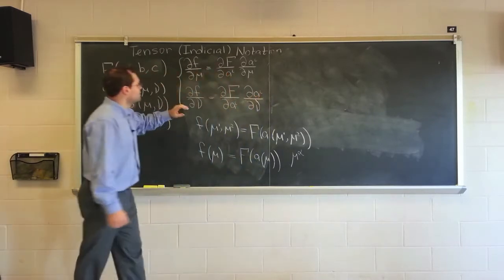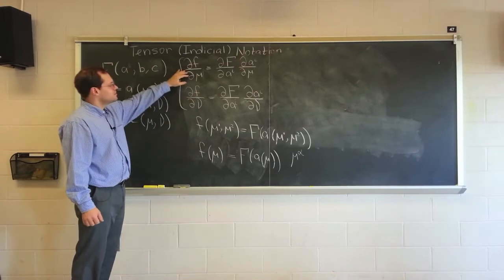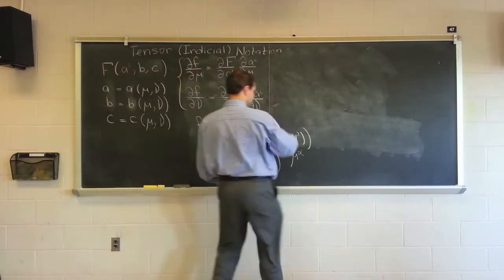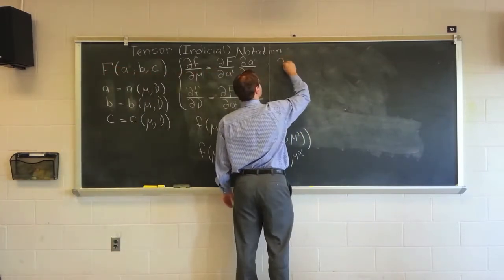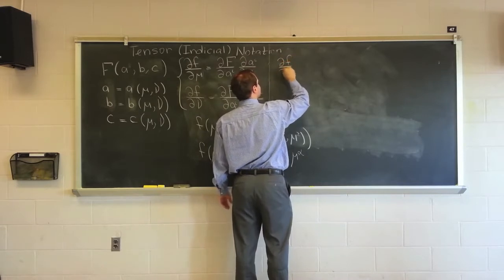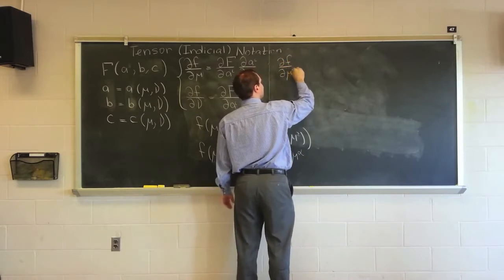So let's now combine. Let's write them out first with this new notation. We now have df/dmu_alpha.